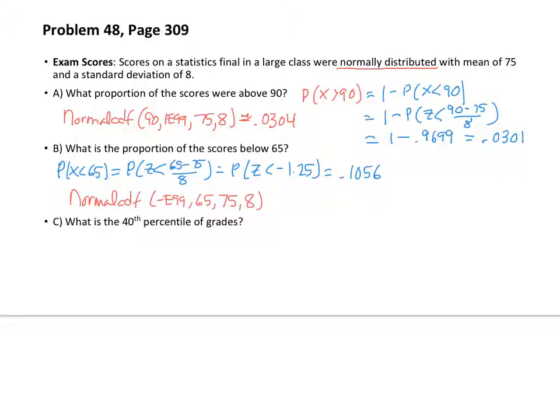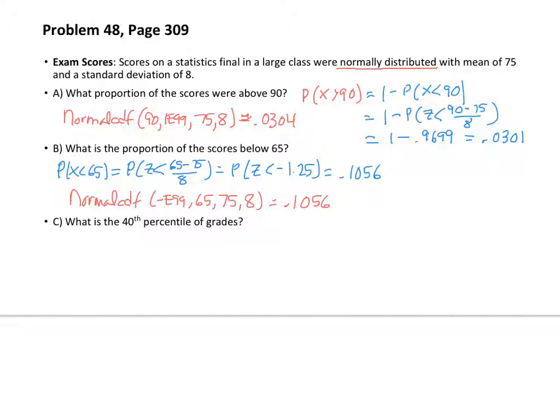And again, I think technically we get about the same answer. Negative E99, comma, 65, comma, 75, comma, 8, and we get the same answer actually. We get the exact same answer, which is good.